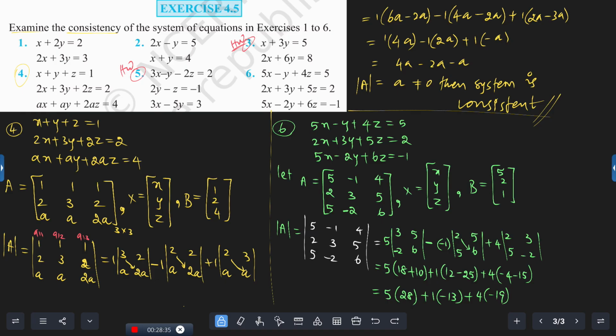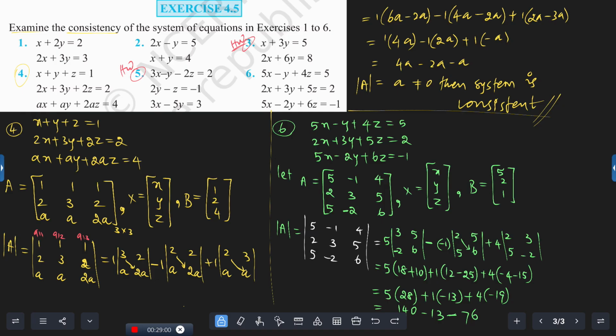We have to simplify. 5 into 28, what you will be getting? 140 minus 13. This will be 9 4s are 36. Remaining 3 7s are 76.